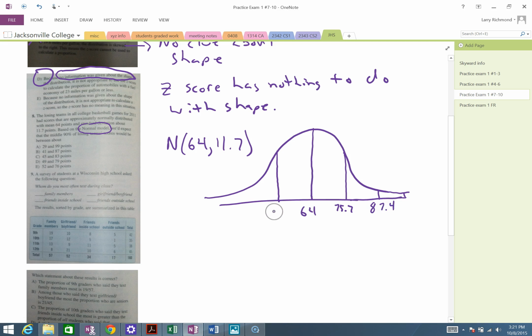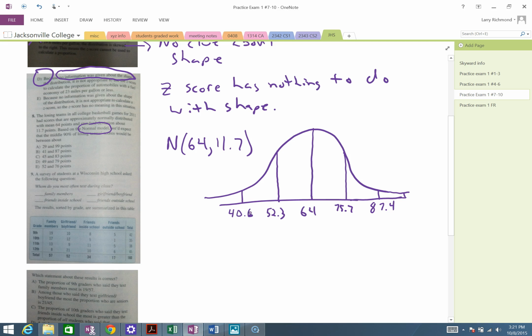Down 11.7 would be 52.3, and down another 11.7 would be 40.6.